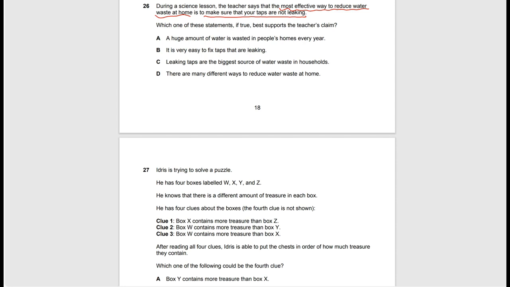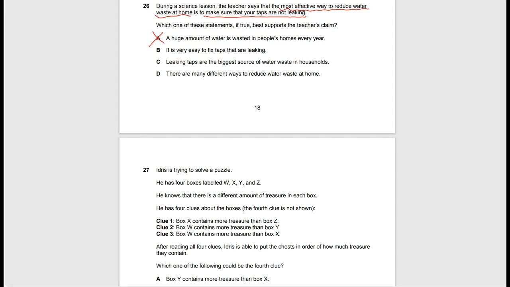Let's look at option A. Option A says, a huge amount of water is wasted in people's homes every year. This could be true, but that water might be wasted through other things that don't require a tap. It could be swimming pools that waste the water. It could be backyard gardens that waste the water. And those things don't need taps. They use other water systems.